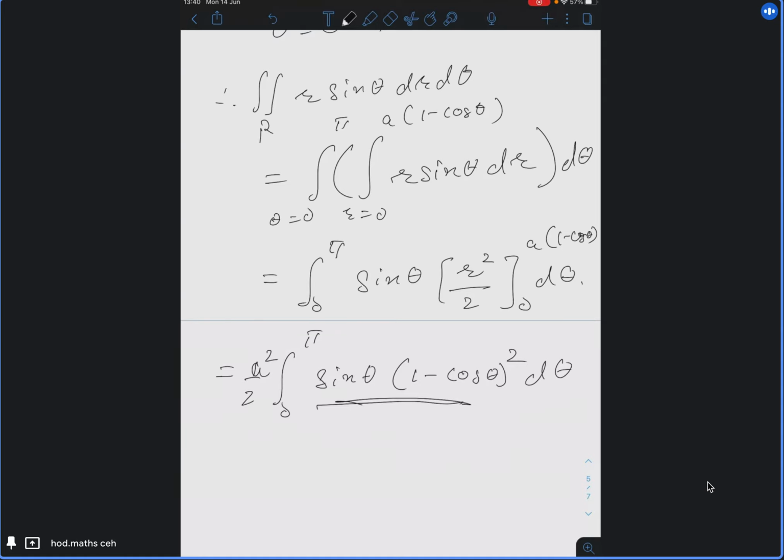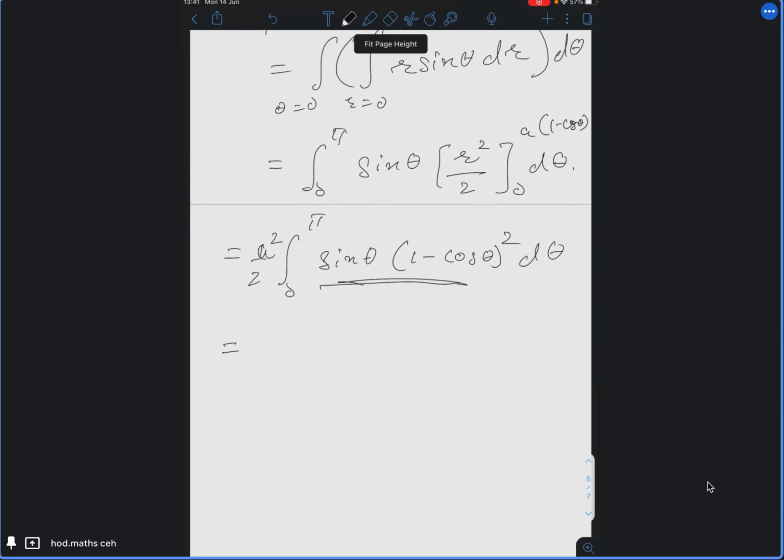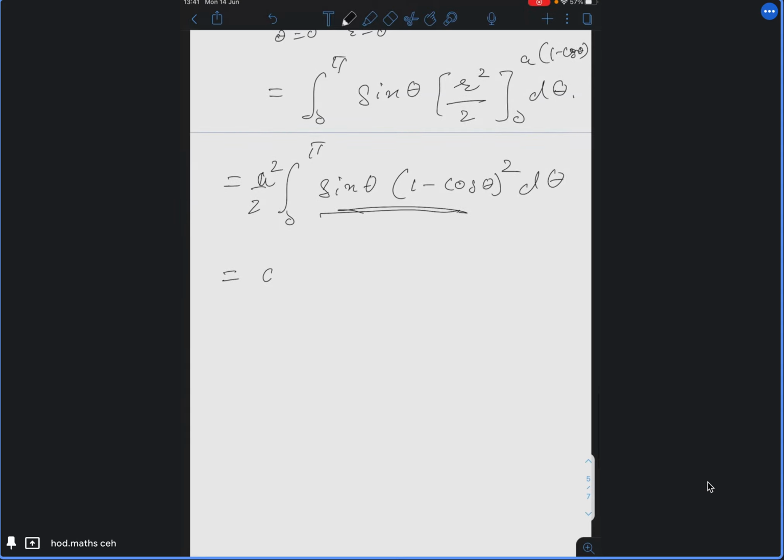If you substituted 1 minus cos theta as t, you will get minus sine theta d theta equal to dt. Minus minus plus.